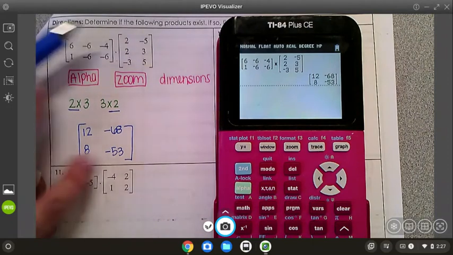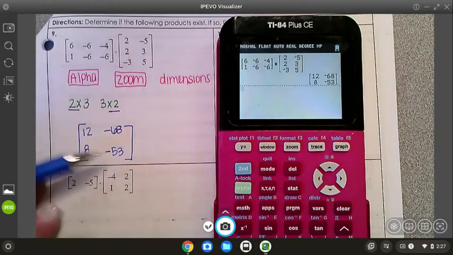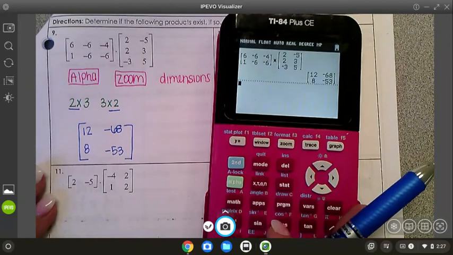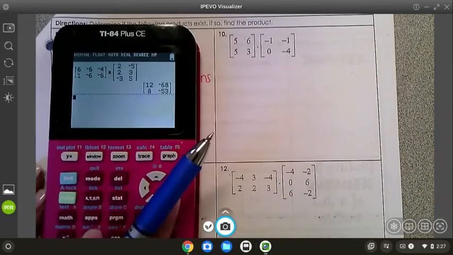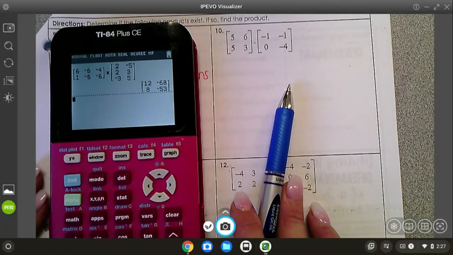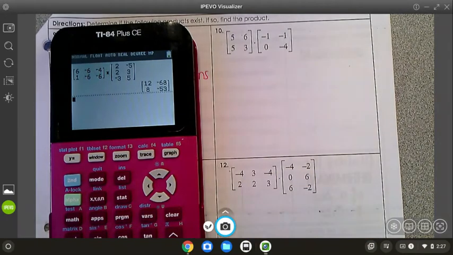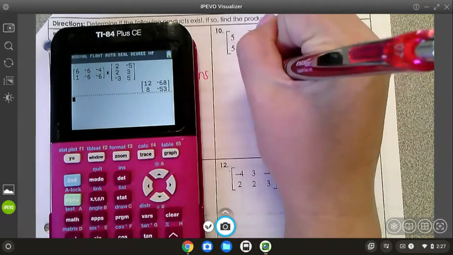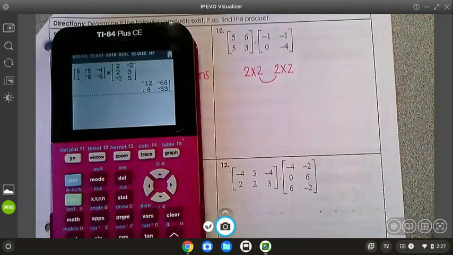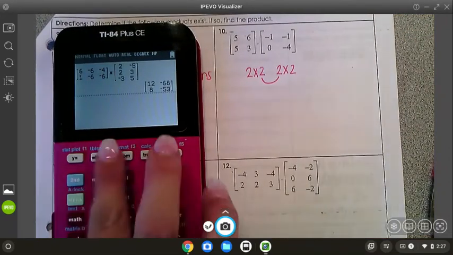So we're just going to do one more because all you have to do is know how to do it in the calculator. So I want you to pause the video and try number 10. All right, number 10, we have a 2 by 2 and another 2 by 2. So we know it's possible. So let's type it in.